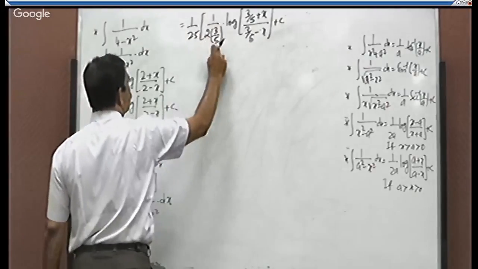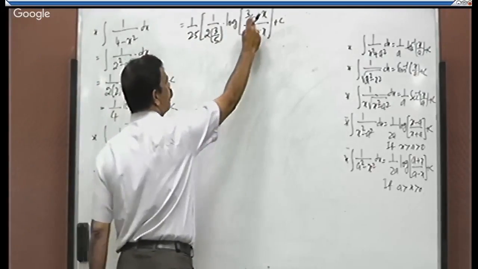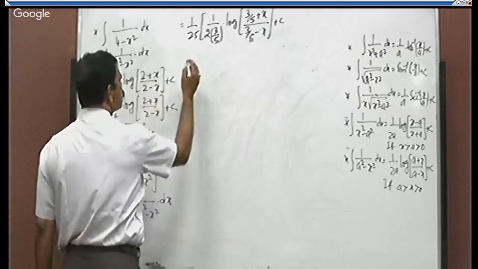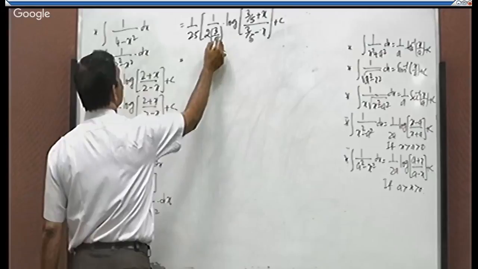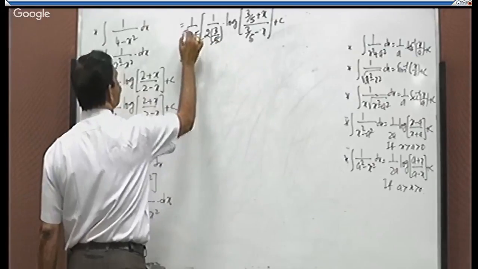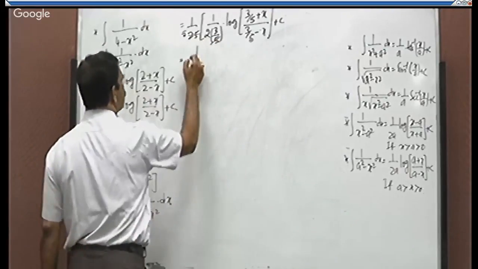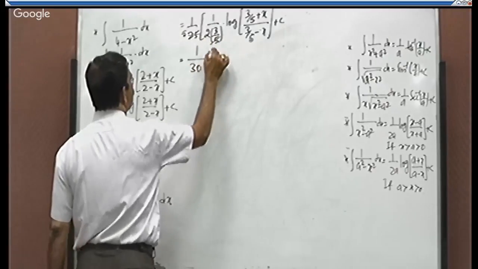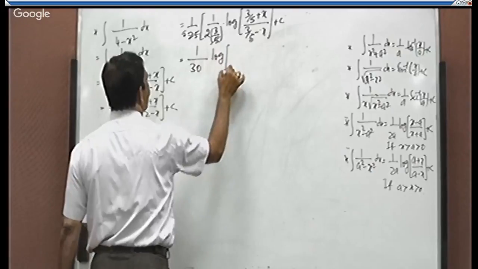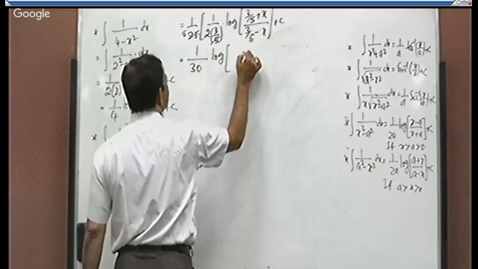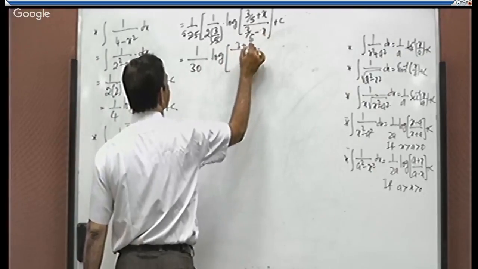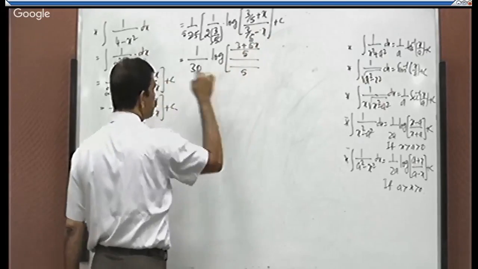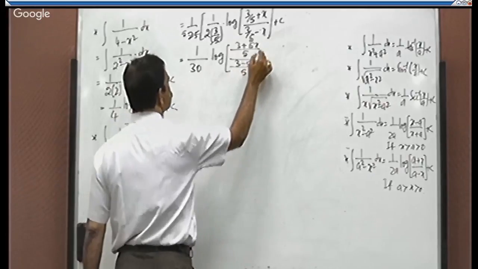Then the 5 cancels: 5 fives are 25, what is remaining is 1 divided by 3 twos are 6, 6 into 5 is 30, into log of. I have to take LCM, correct? 5 is the LCM: 3 plus 5x divided by 3 minus 5x.